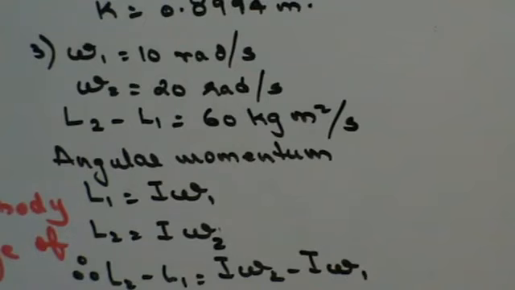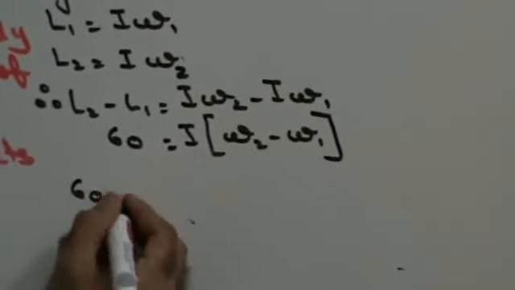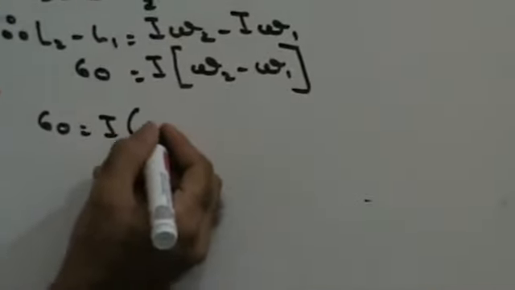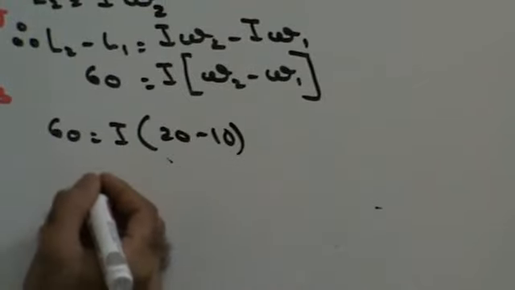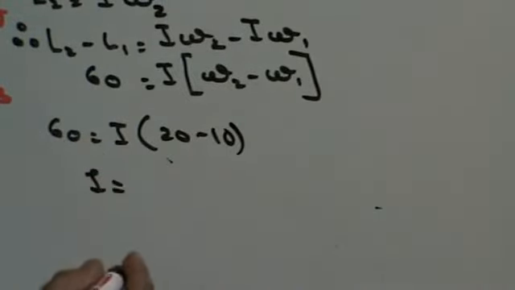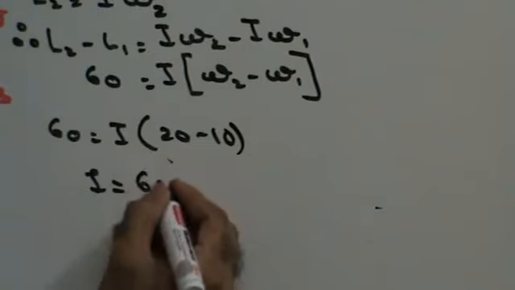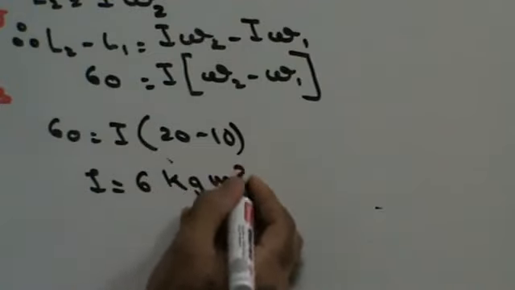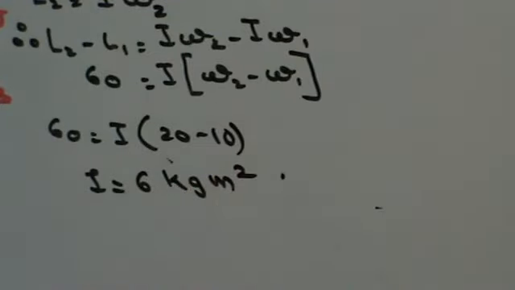L2 minus L1 we know is 60. I common, omega 2 minus omega 1. So I get 60 is equal to I into 20 minus 10. So I get I is equal to 6 kg meter square. I got the moment of inertia, but they haven't asked me moment of inertia. They've asked me to calculate the change in kinetic energy.